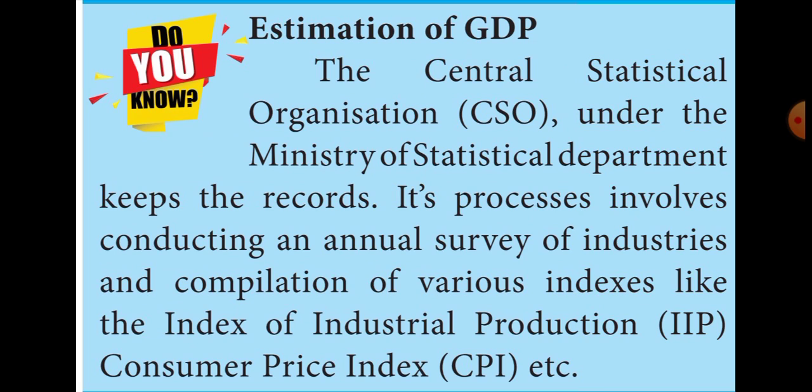This department takes the annual survey of various industries through two important indexes: IIP, the Index of Industrial Production, and CPI, the Consumer Price Index. These are the two important ways to survey the annual reports.